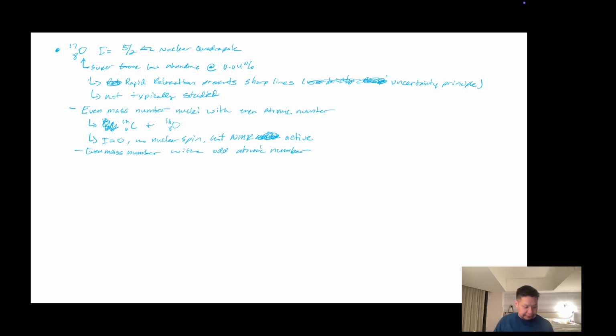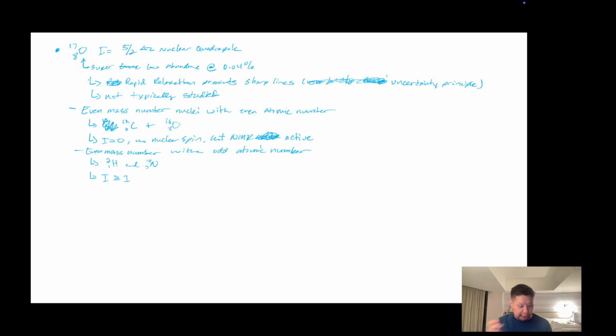And so this includes things like deuterium or even nitrogen 14, the most common. These guys have an I that is greater than or equal to 1.